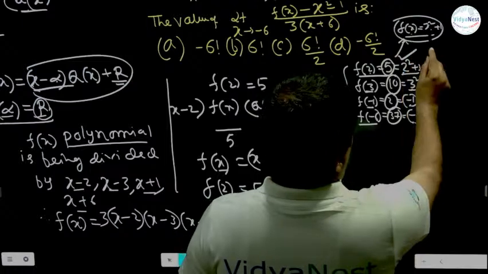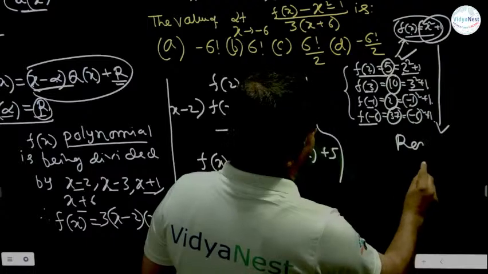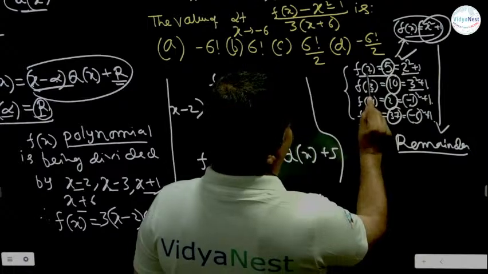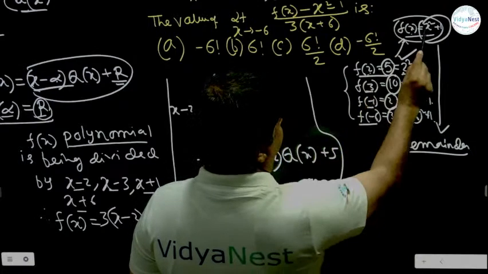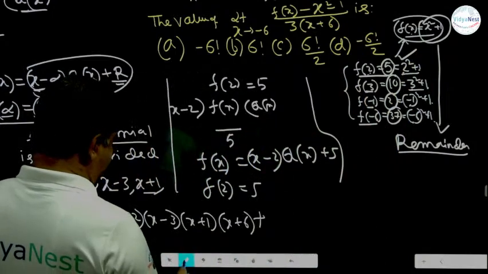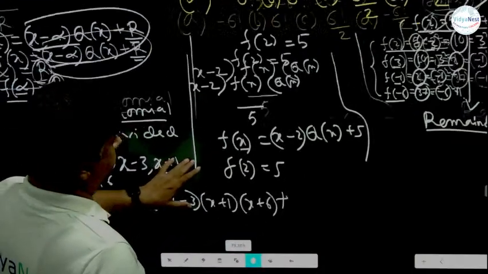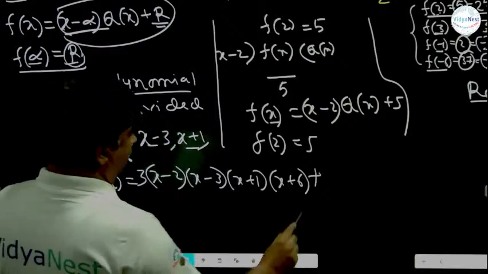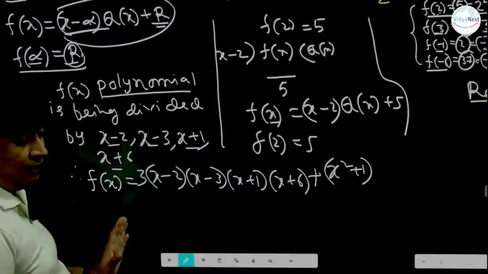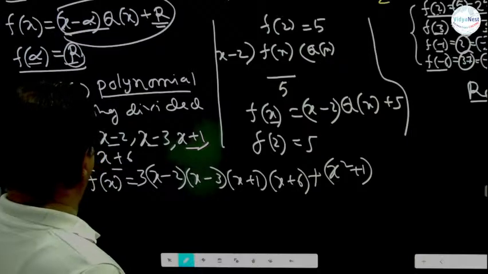So x square plus 1 actually indicates the remainder. Yes or no? Once we put alpha as 2, then 2 square plus 1, alpha 3, 3 square plus 1, like that. So I can write remainder x square plus 1. Thus, the function is so formed.